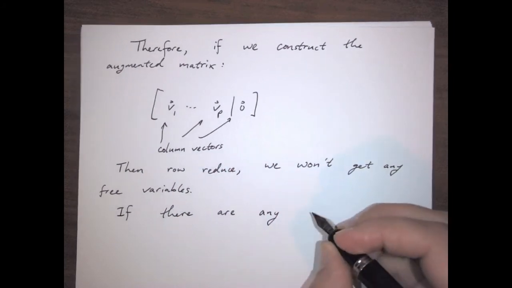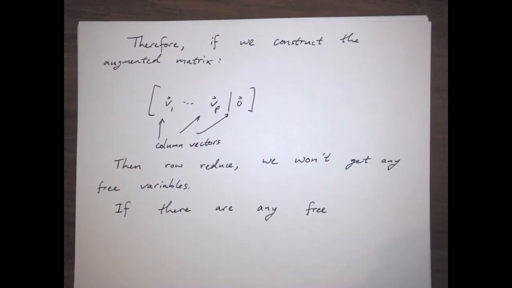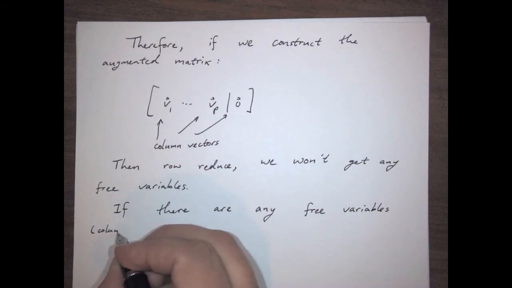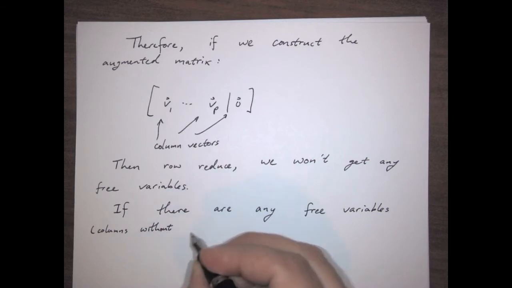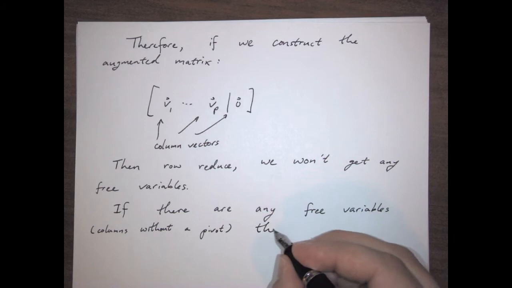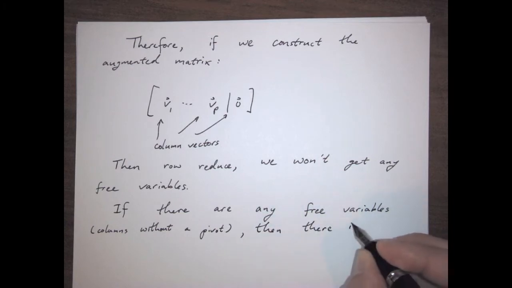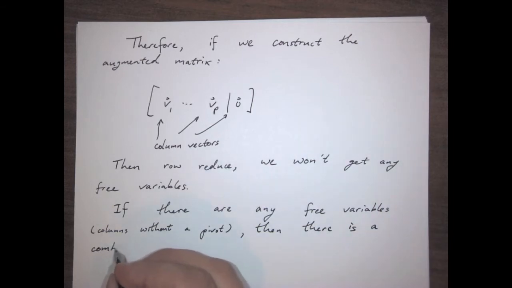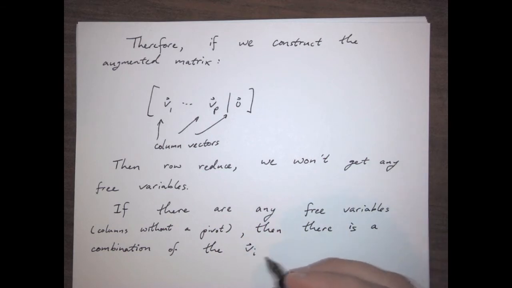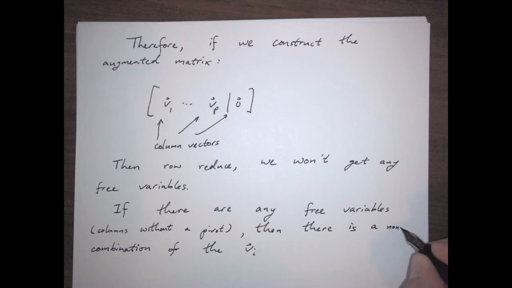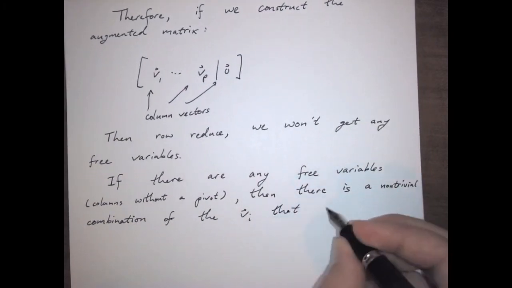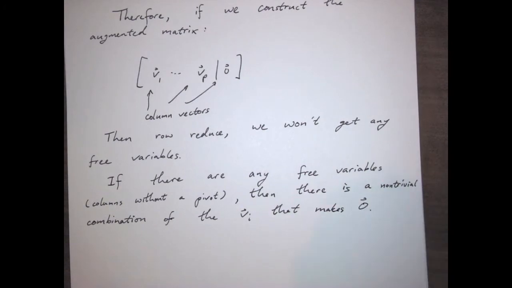If there are any free variables, i.e. columns without a pivot, then there is a combination of the vi, which is a non-trivial combination of the vi, that makes the zero vector.